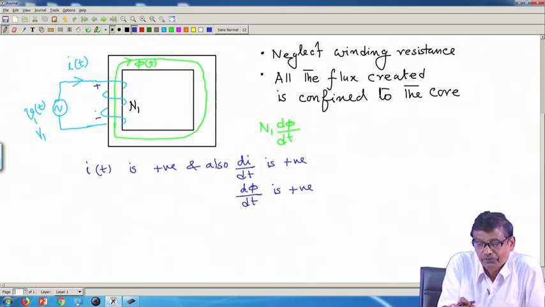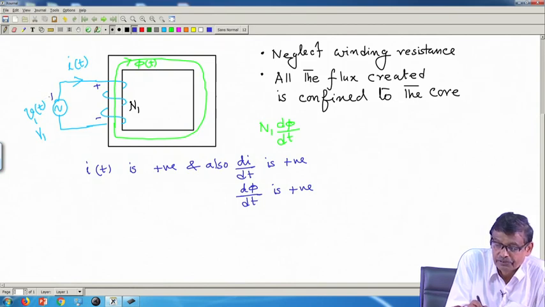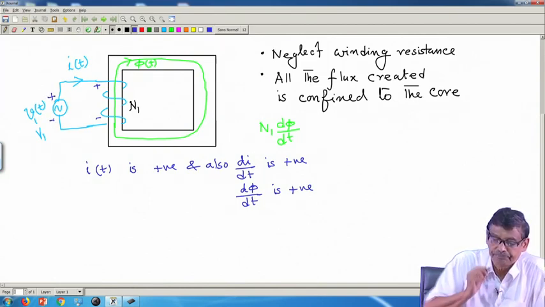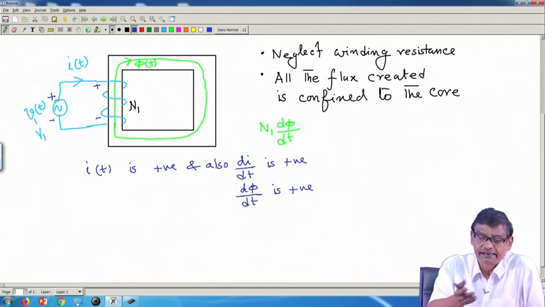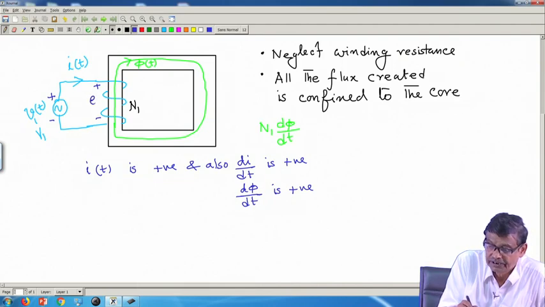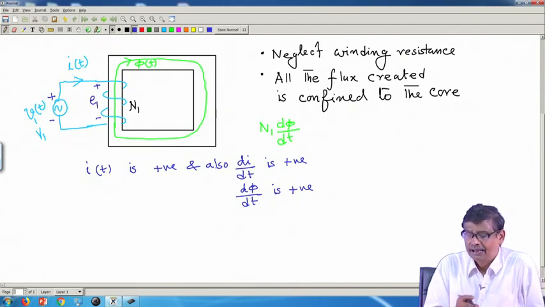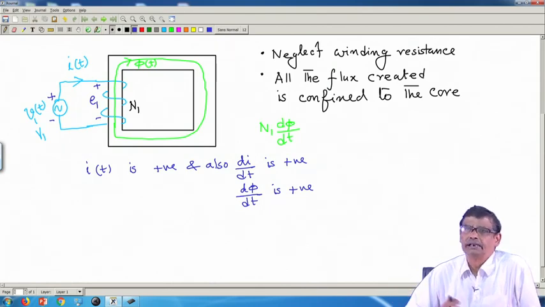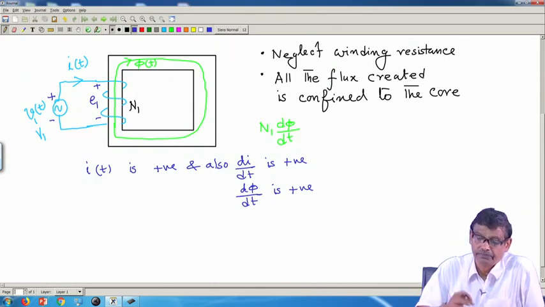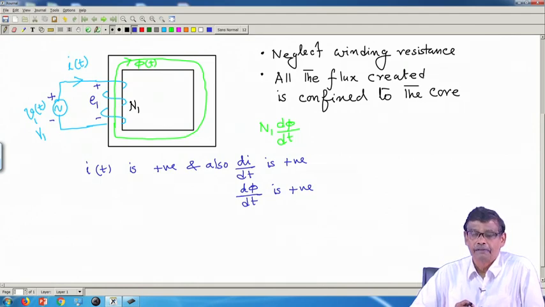That is why it will oppose the supply voltage. Mind you, I have assumed the supply voltage like this. So, a single coil excited by AC will have some induced voltage here, E1, and without writing any equations I can tell the instantaneous value of this induced voltage.